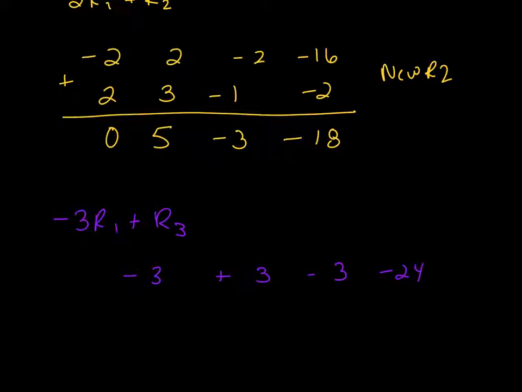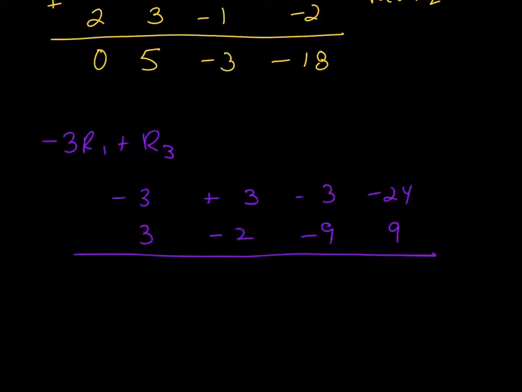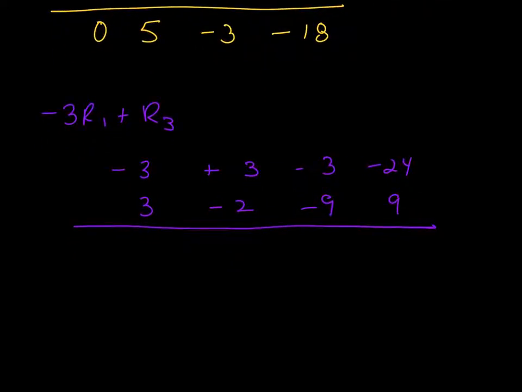I add that to the existing row 3, which is 3, -2, -9, and 9. When I do all of that, that goes ahead and gives me 0, 1, -12, and -15.